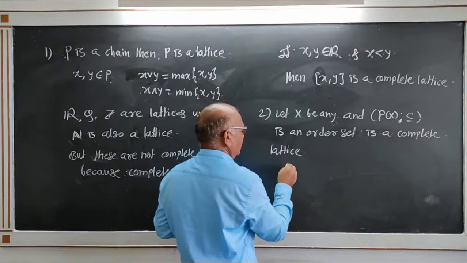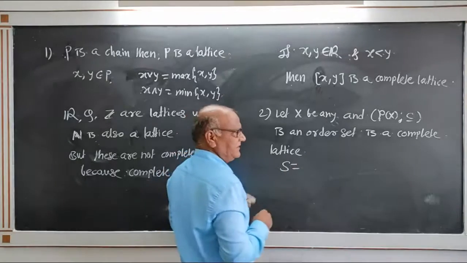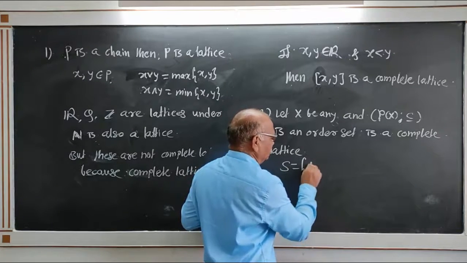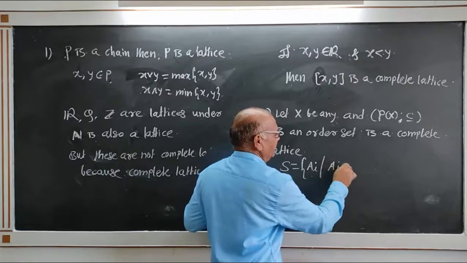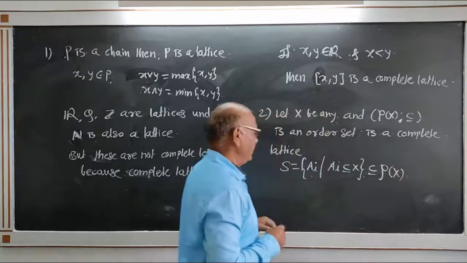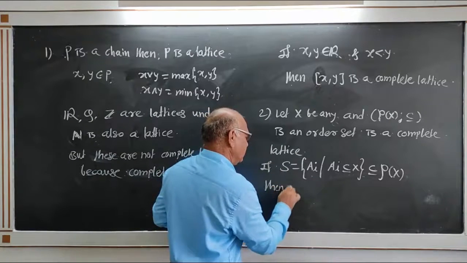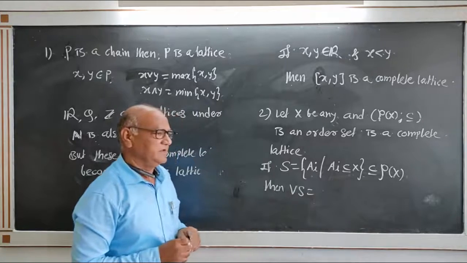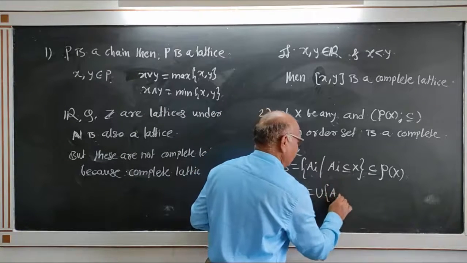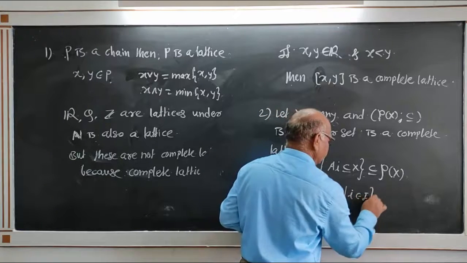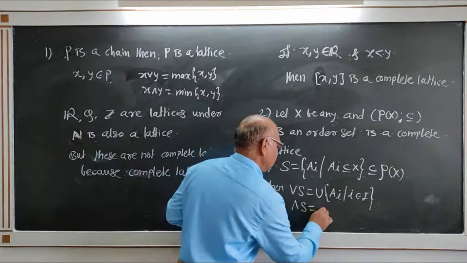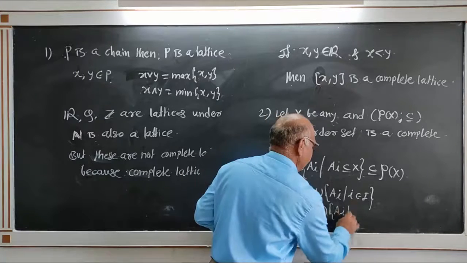Suppose S is a set containing A_i such that each A_i is a subset of X, so S is a subset of P of X. Then the join of S means the union of all A_i, i belongs to I, and the meet of S is the intersection of A_i, i belongs to I.